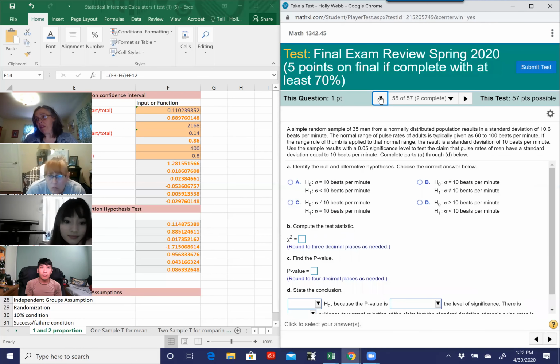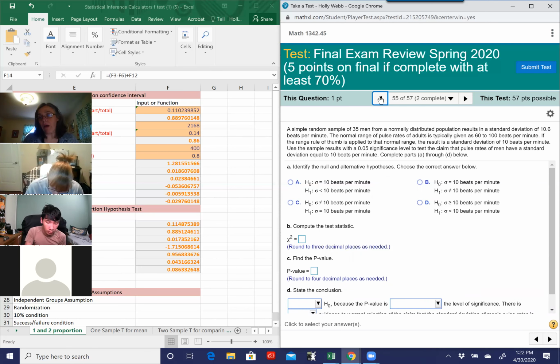Yeah, 55 is a chi-squared test for talking about a population standard deviation. And this is where we have to build our chi-squared number, okay? So let's do this one.